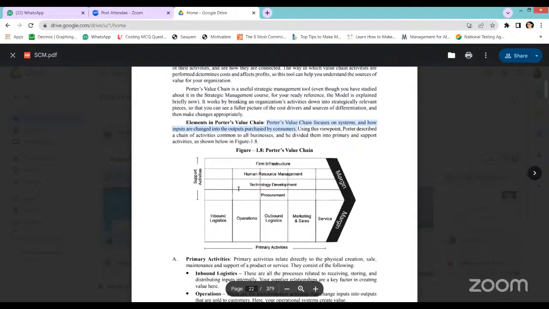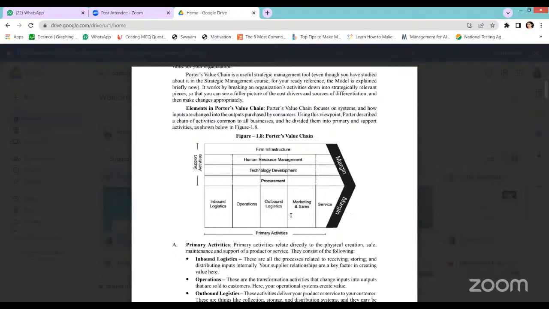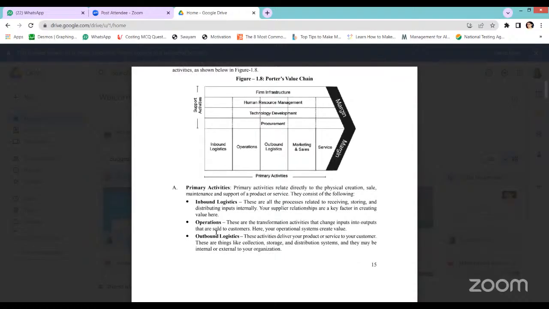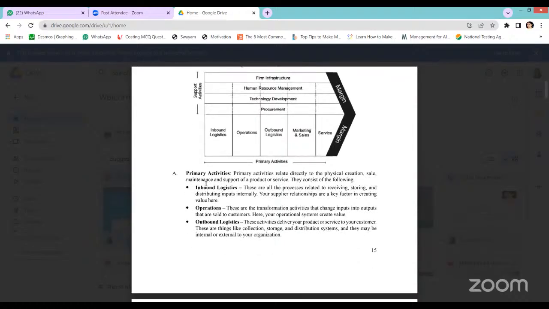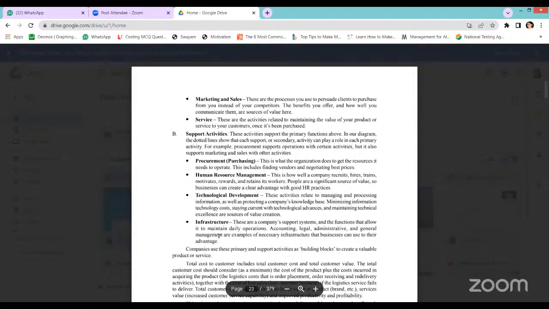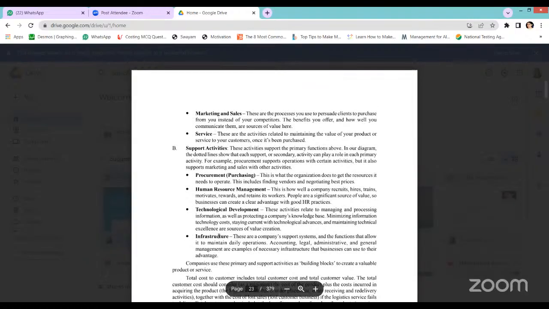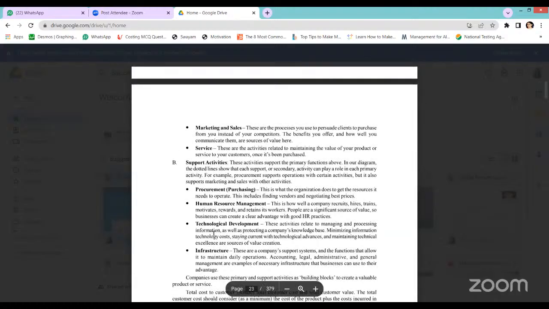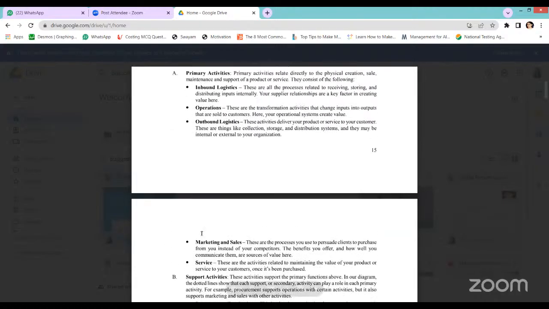In this, there are certain activities: inbound logistics, operations, outbound logistics, marketing and sales, and service. These are the activities related in Porter's value chain, and how you organize them and how each supports the others in order to bring value to the customers determines the profit margin. I'll repeat once again.